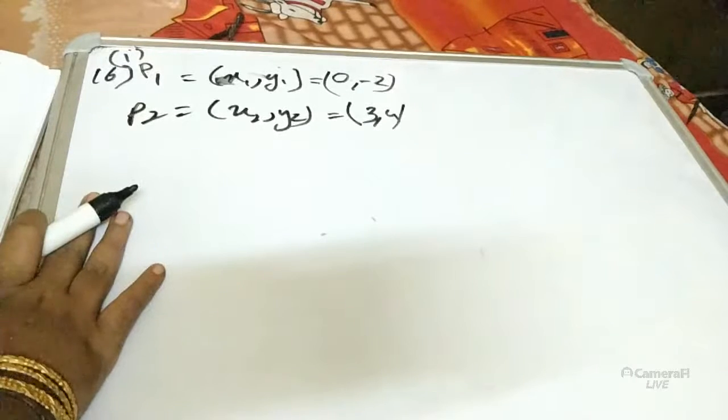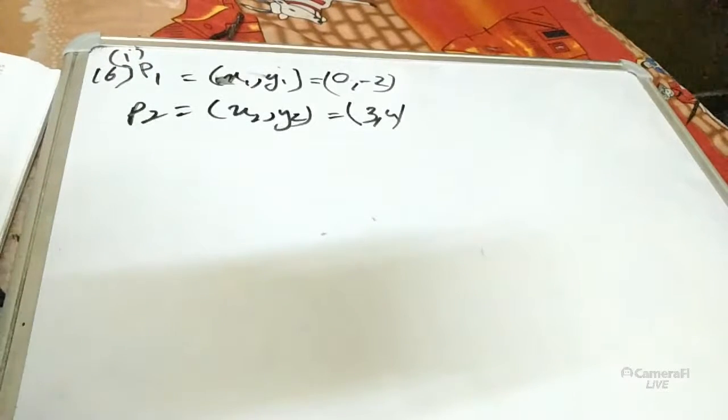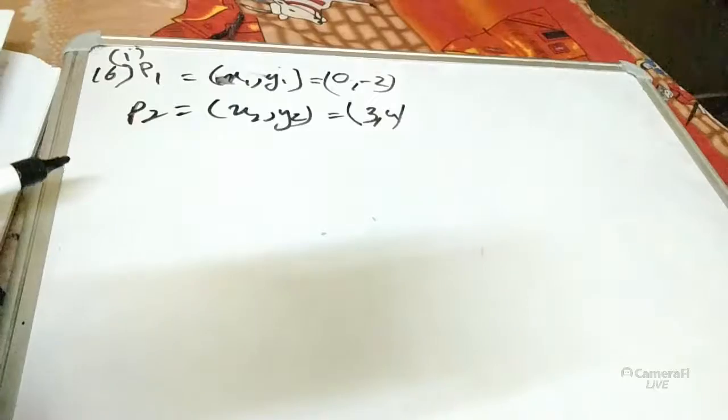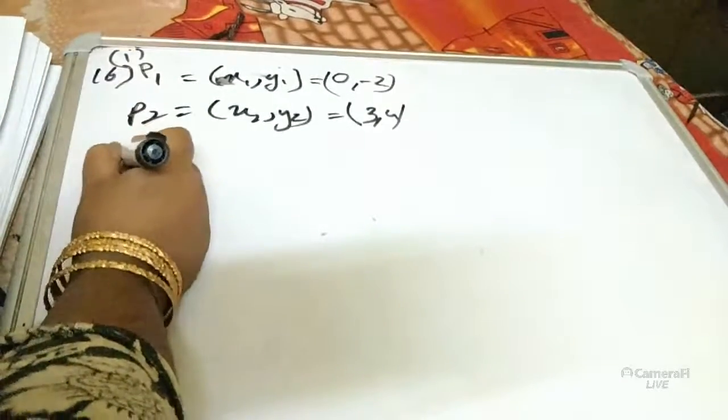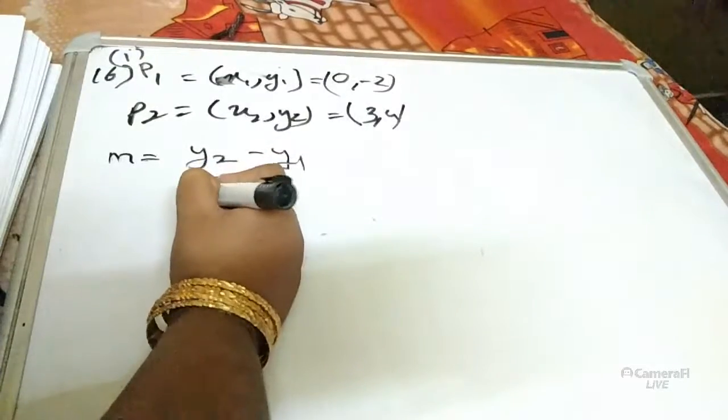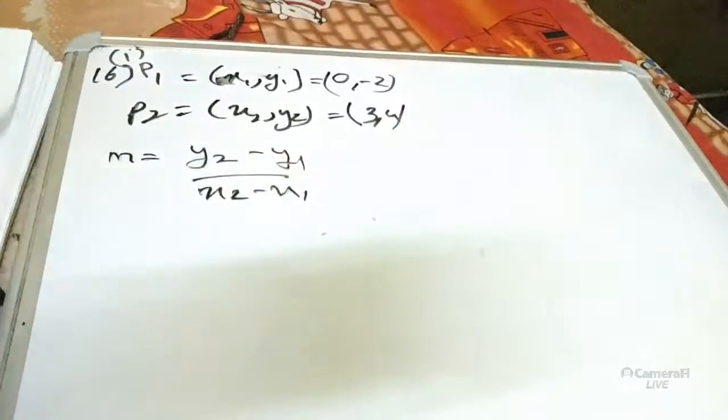Now we have to find the gradient of the line, that is the slope of the line. You have to find m. Here we will be using the two-point form of the equation. From the two-point form, we can find m like this: y2 minus y1 by x2 minus x1.